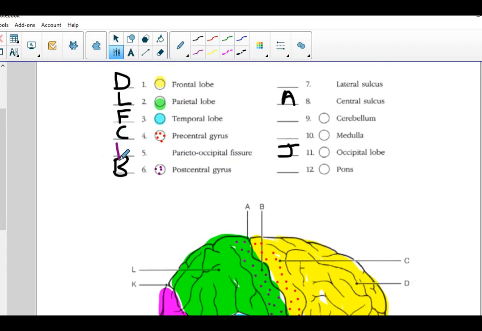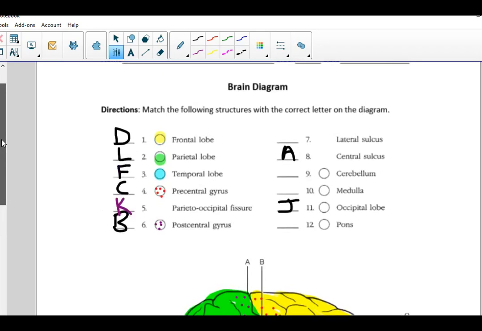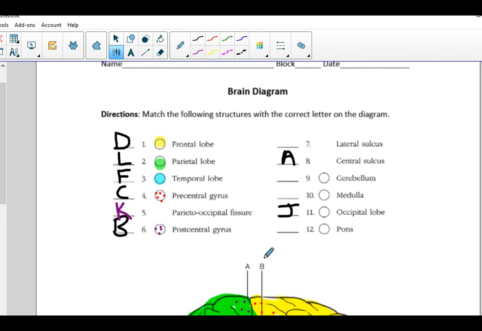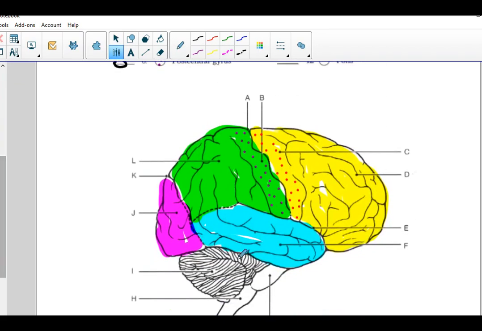So we'll put a letter K here for number 5. We have a lateral sulcus as well. The central one went straight down. The lateral sulcus is going to come across the brain, and it's indicated by letter E. It is this line, goes all the way through and separates the frontal and parietal from the temporal.